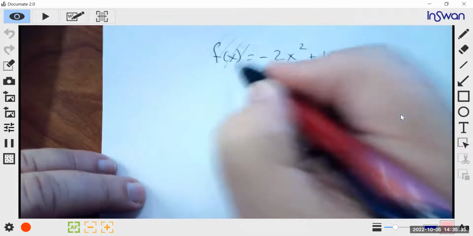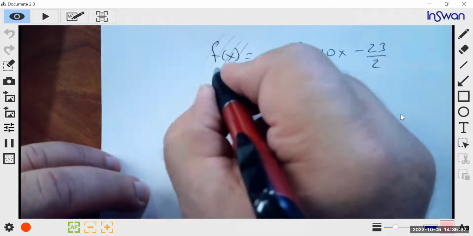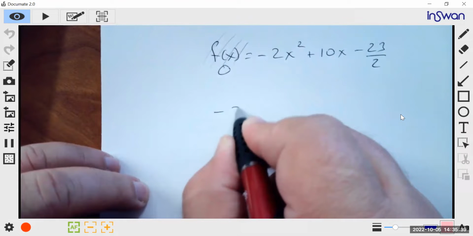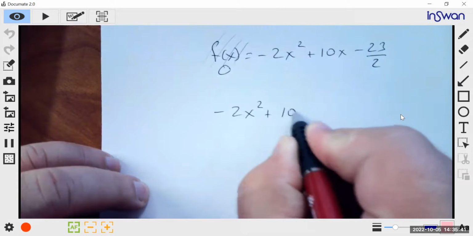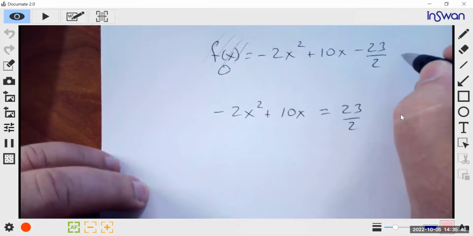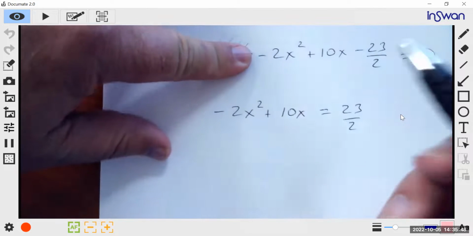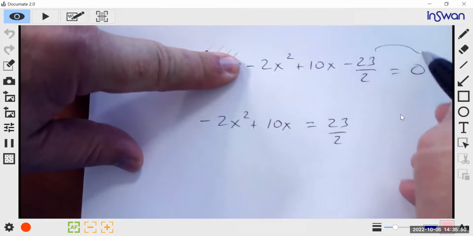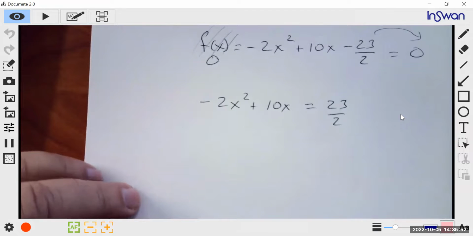So in other words, forget this over here and pretend it's 0. So if it's equal to 0, forget this. Set it equal to 0, move that over there. Now it's a lot easier to work with.